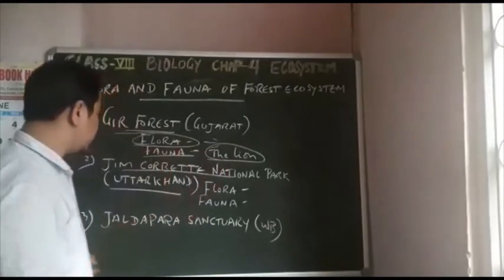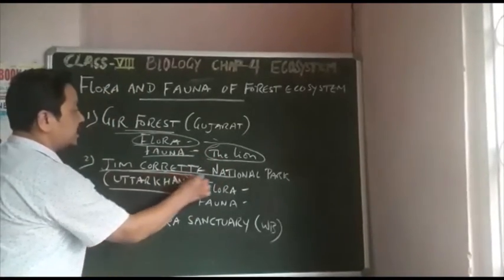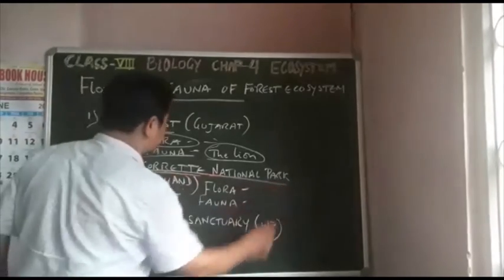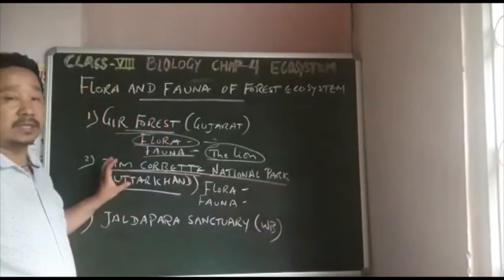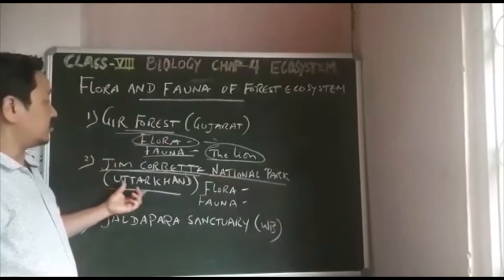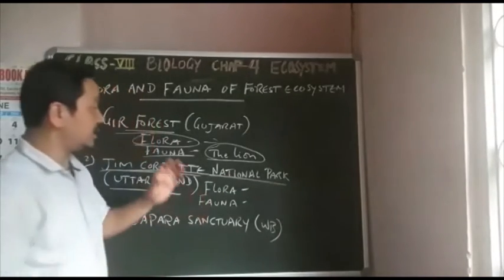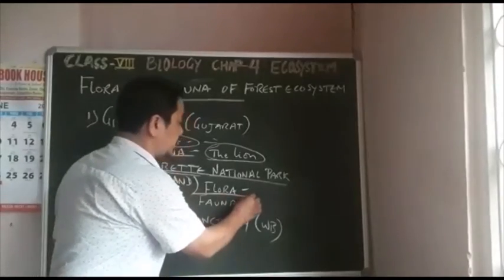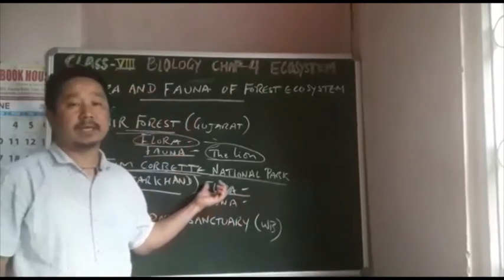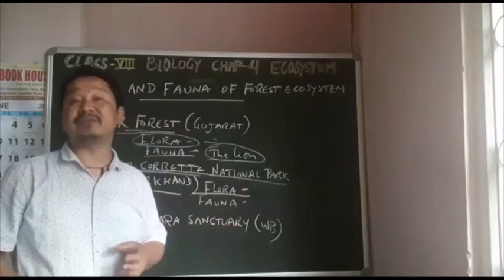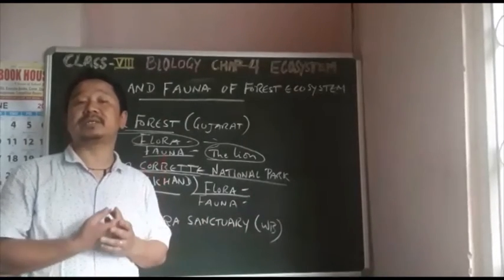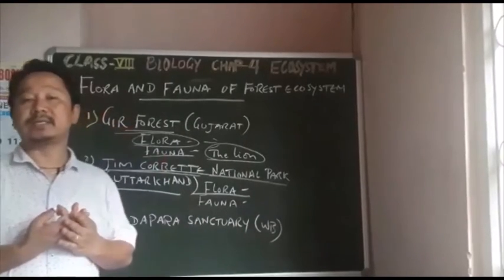Similarly, next we have Jim Corbett National Park, which is in Uttarakhand. This Jim Corbett National Park includes flora like pine trees, shrubs and grasses.